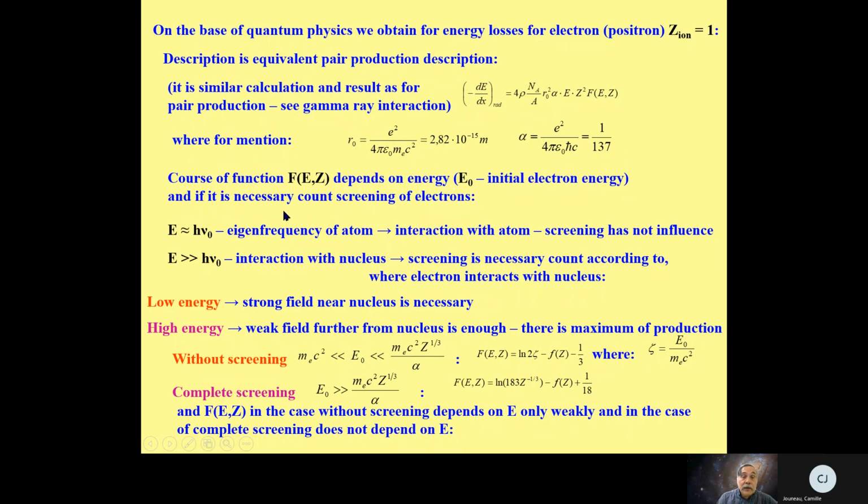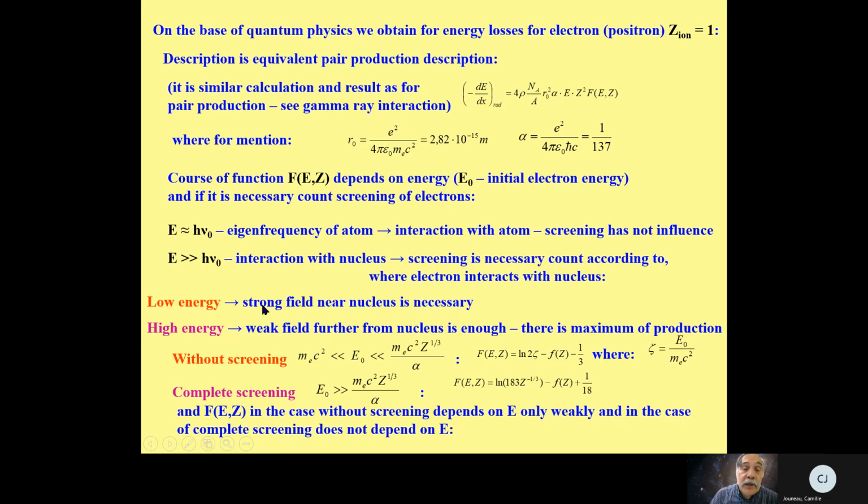And again, the description of the production of Bremsstrahlung radiation depends on whether you have low energies or high energies.